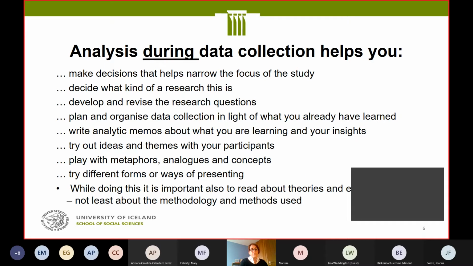So you need to decide where you're going to have your focus and what kind of research this project basically is going to be. And so at some point, you develop and revise the research questions. That's very common in most research projects, that you have to revise the research questions.